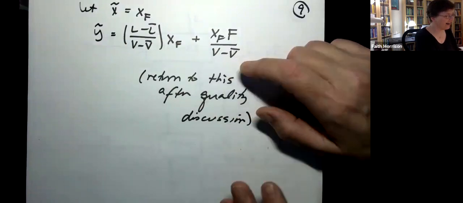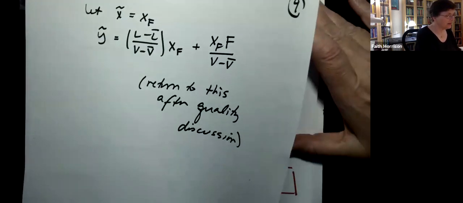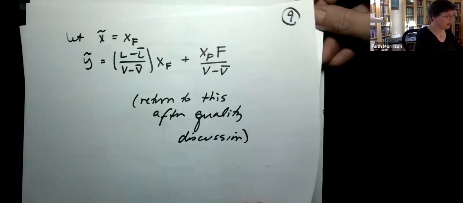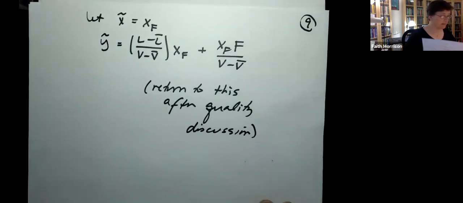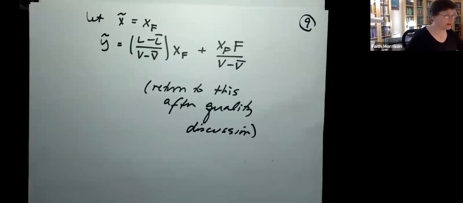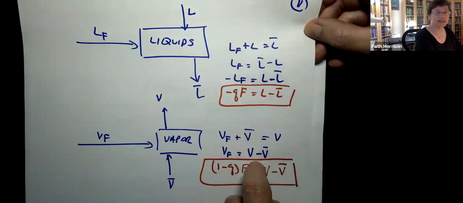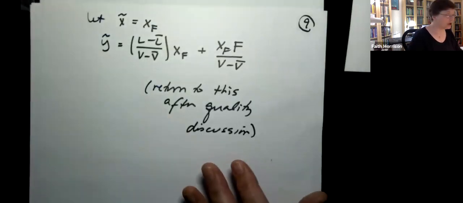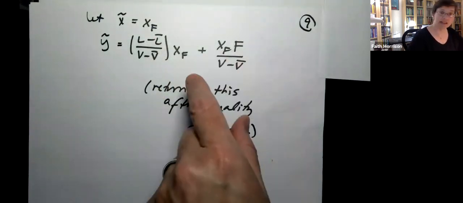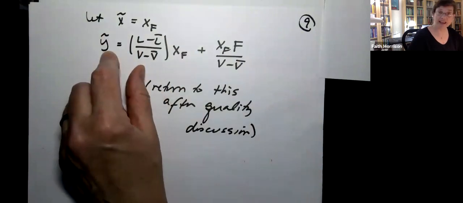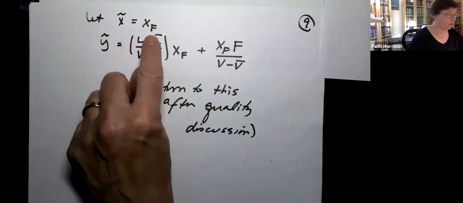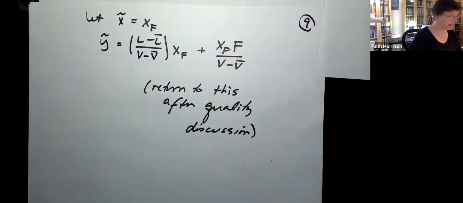And we got this far, and then we kind of stalled because we couldn't say much about L minus L bar and V minus V bar. Well, we're in a much better condition now because we just wrote on our previous sheet about those L minus L bar. So we can now write this expression in terms of Q and get a more definitive answer for what the Y would be at the feed tray when we choose to make the X XF.